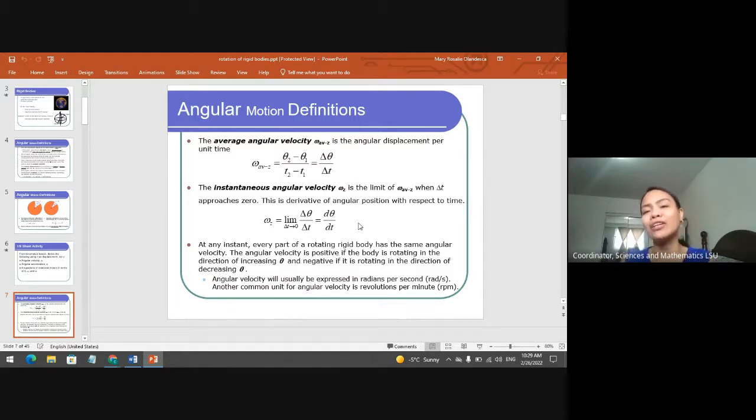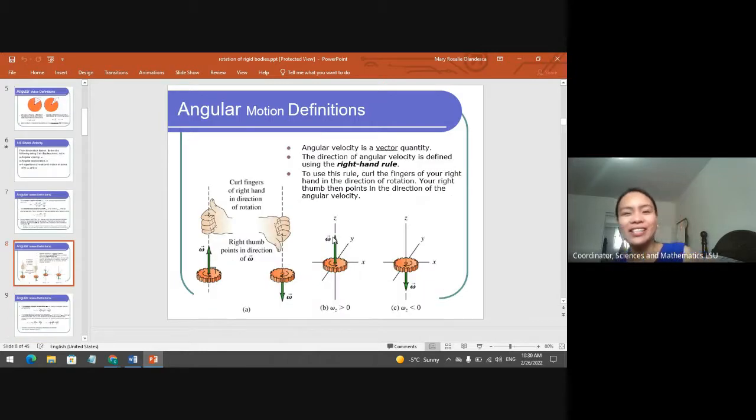So we can also get the limit for that. In your calculus, you have this application for your study. Okay, so we have to get reminded of the right hand rule. For the right hand rule, our fingers will represent the direction of rotation and our thumb will represent the direction of our angular velocity.